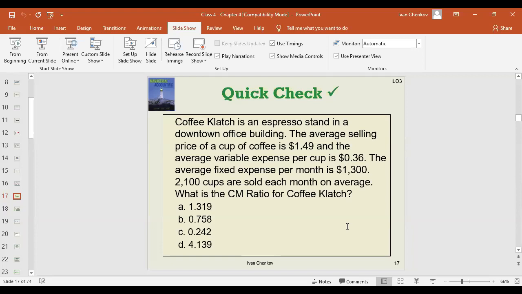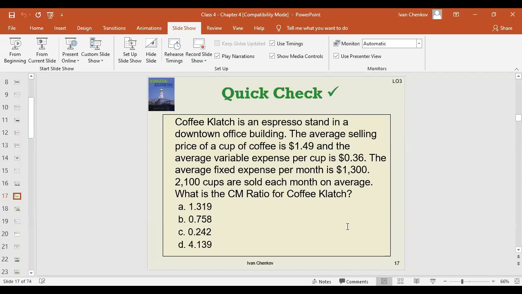Really? But sales are 100%. So you're telling me if the contribution margin is more than 1, that means the contribution margin will be more than sales? Is that possible? No, it's not possible.